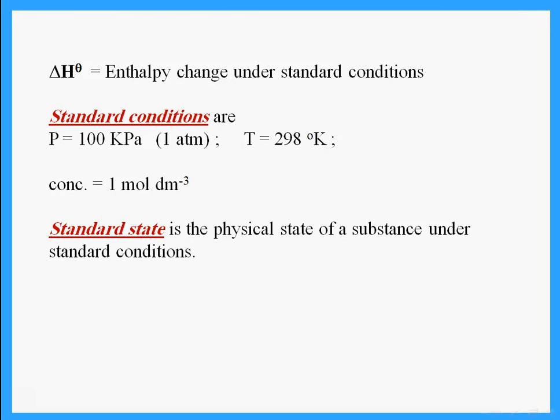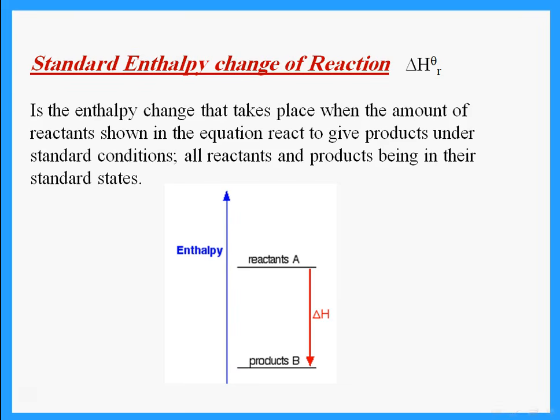And for concentration, if we're talking about a solution, the standard concentration is 1 mole per decimeter cubed. If we talk about a substance in its standard state, the standard state means the physical state under standard conditions, that is, its state at 25 degrees Celsius and 1 atmosphere, which is normal room temperature and pressure.